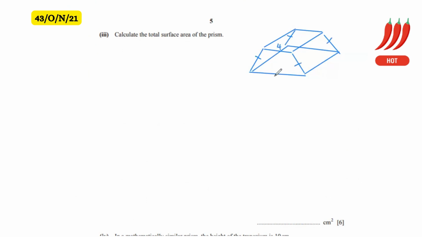This was 4, this was 10, and this was 5. And this we found out to be 15. So total surface area, we need to find the area of all of the sides. For the trapezium, we found the area to be 35. So 35 times 2, that's 70 centimeters squared. That's the area of the front and the back face.